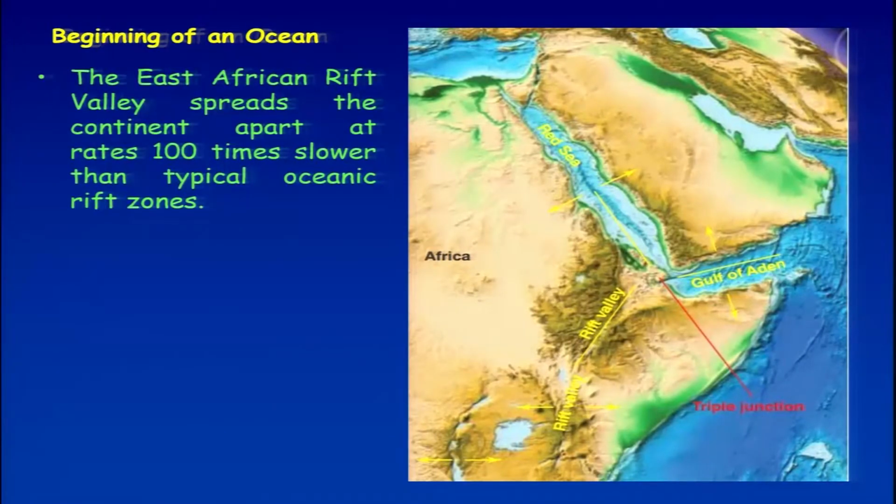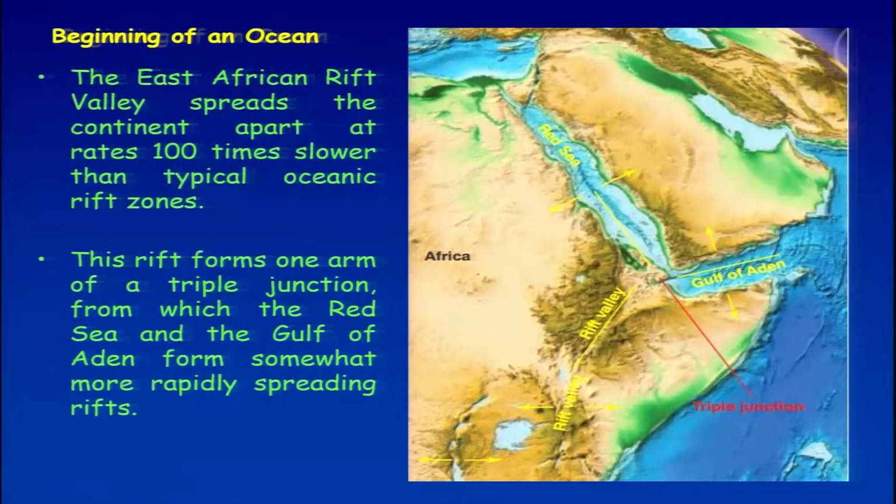Now another example which I would like to add here is of a triple junction, where three plates are moving away from one another. So we have three plates here, and the area is termed a triple junction.